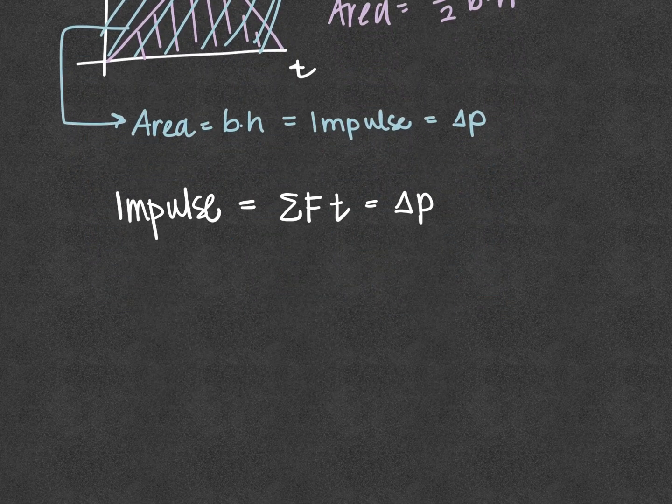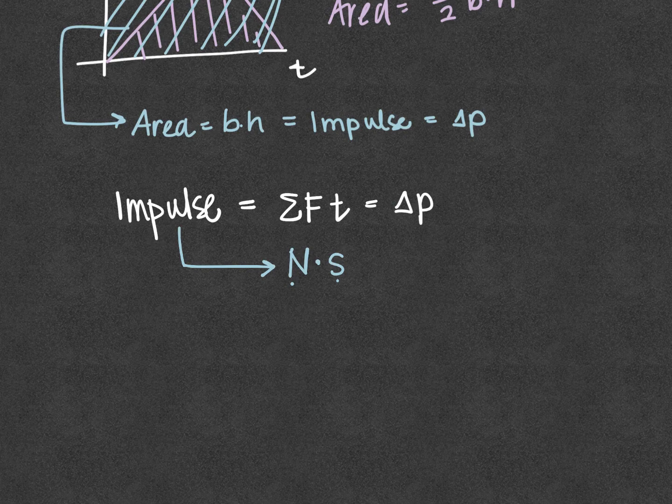Now let's talk about our units. If the force is measured in newtons and time is measured in seconds, then impulse is measured in newton seconds. I'm not saying newtons per second, I'm saying newtons times seconds.